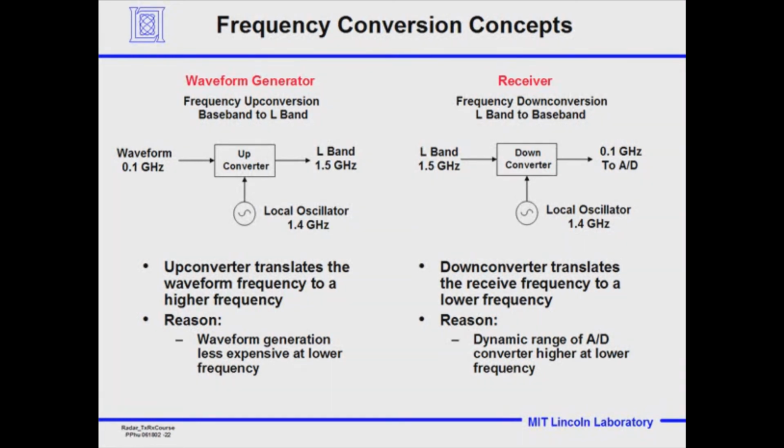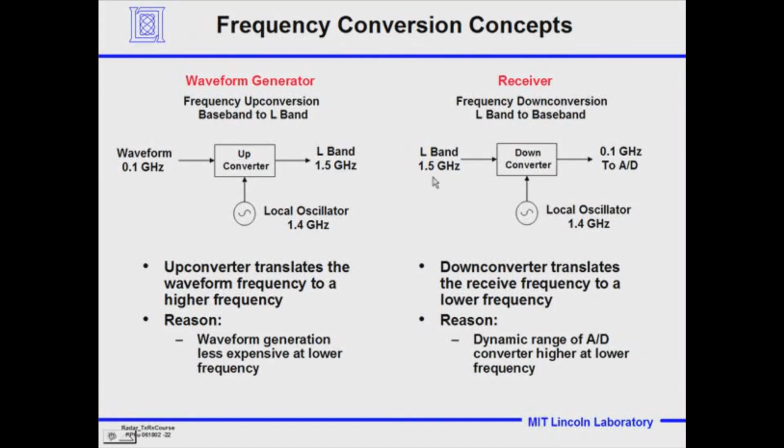In this case, the up conversion, we're looking at the sum of the two signals. And so the frequency we get is the sum, or 1.5 gigahertz, which is approximately in the L-band region. The reason we do this is that the waveform generator is less expensive at lower frequencies.